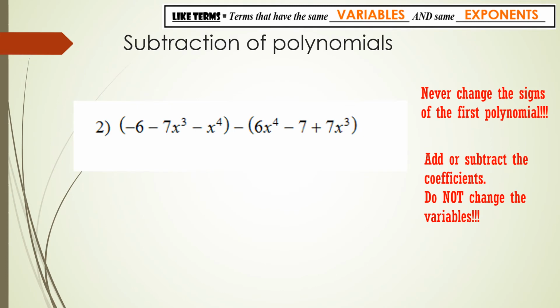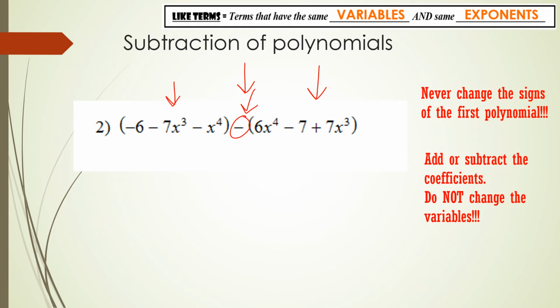Okay, so in number two, I want to first start by noticing that we are dealing with subtraction. And the way we are going to handle this is we are going to do keep, change, change. So keep the first polynomial, change the sign, and change the sign of everything in the second polynomial.